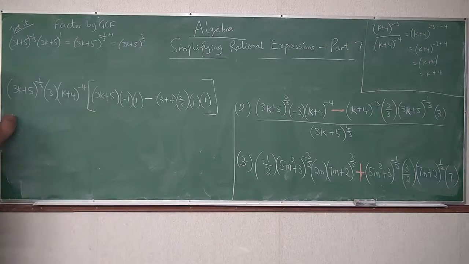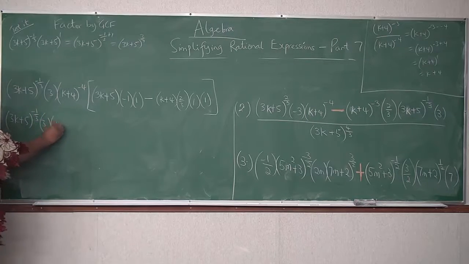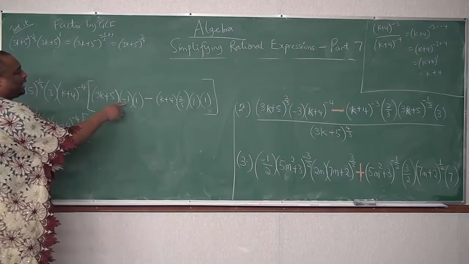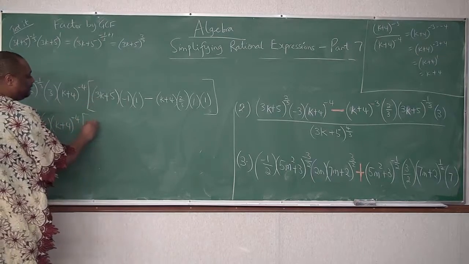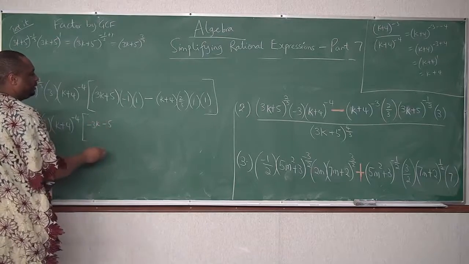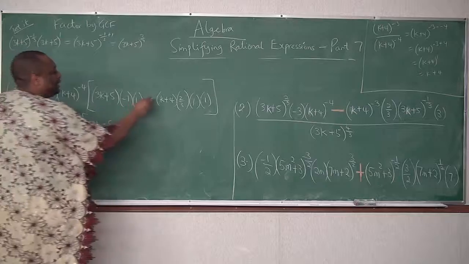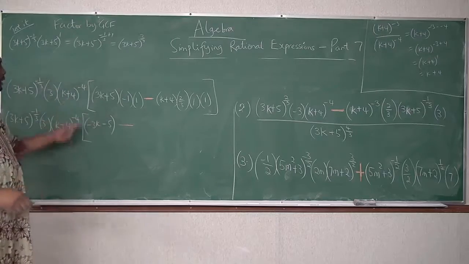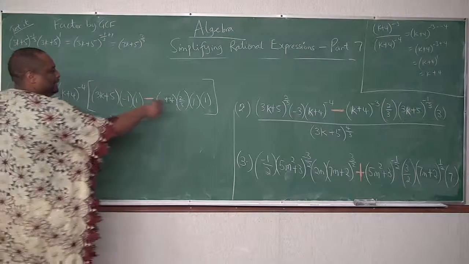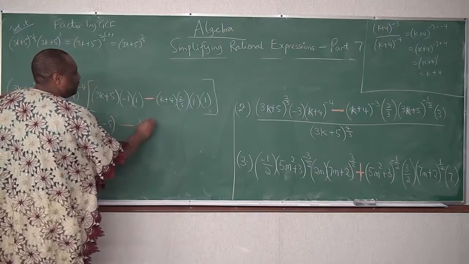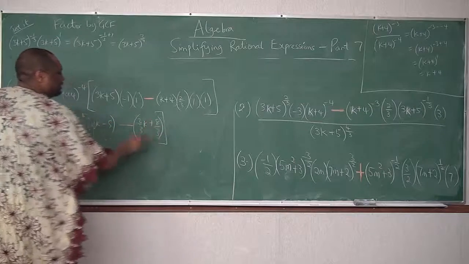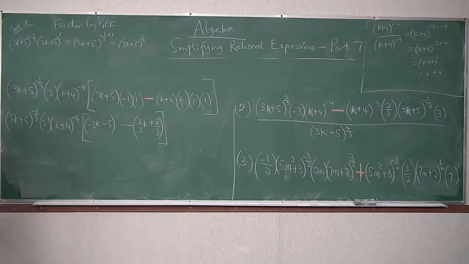So this will give us 3k plus 5 exponent negative 1 over 3 times 3 times k plus 4 exponent negative 4, bracket negative, this is negative 1 times 3k, negative 3k, negative 5, okay, minus 2 over 3k plus 8 over 3, okay, and put this in parentheses too, because we shall use distributive property again.